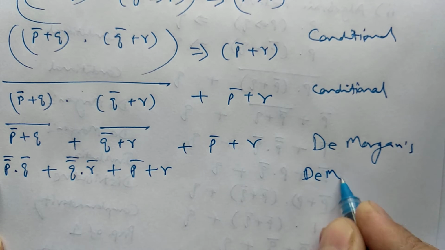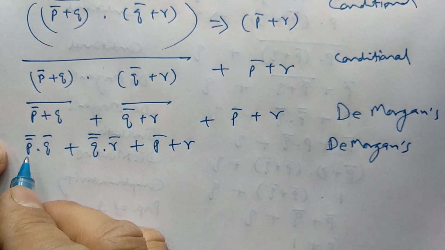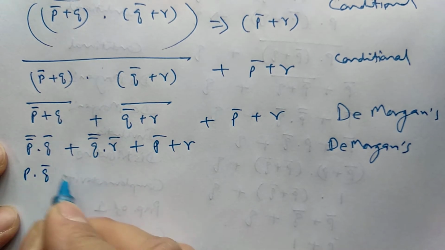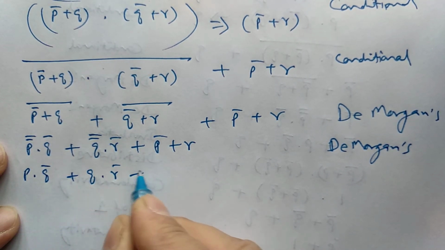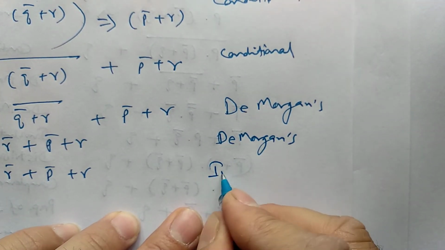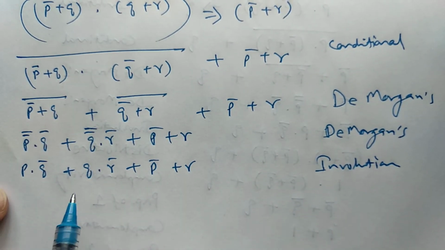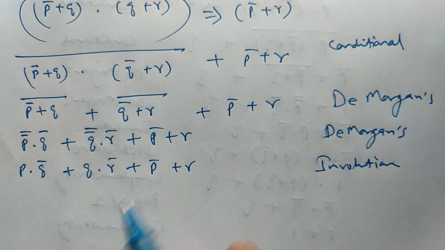Here again De Morgan's law. Double naught cancel: P and Q naught, Q and R naught, P naught or R. Double naught cancel, it means involution law. Now you need to eliminate terms because your ultimate goal is to get 1.